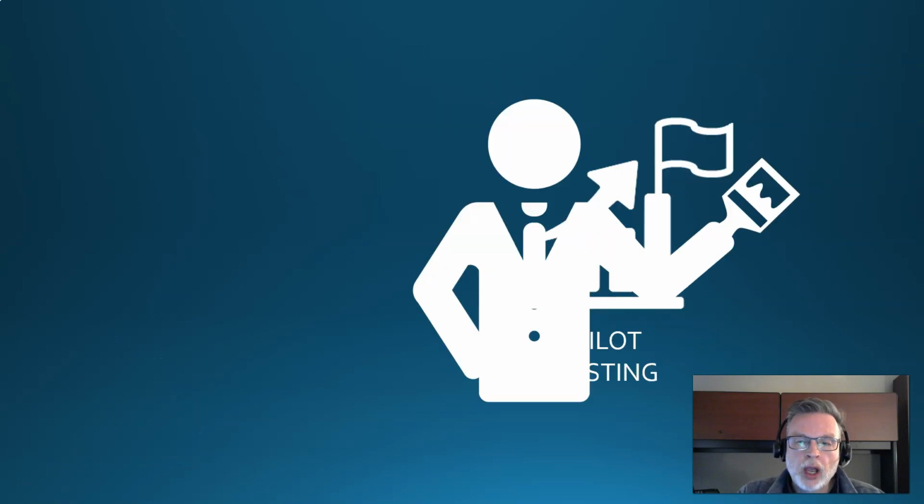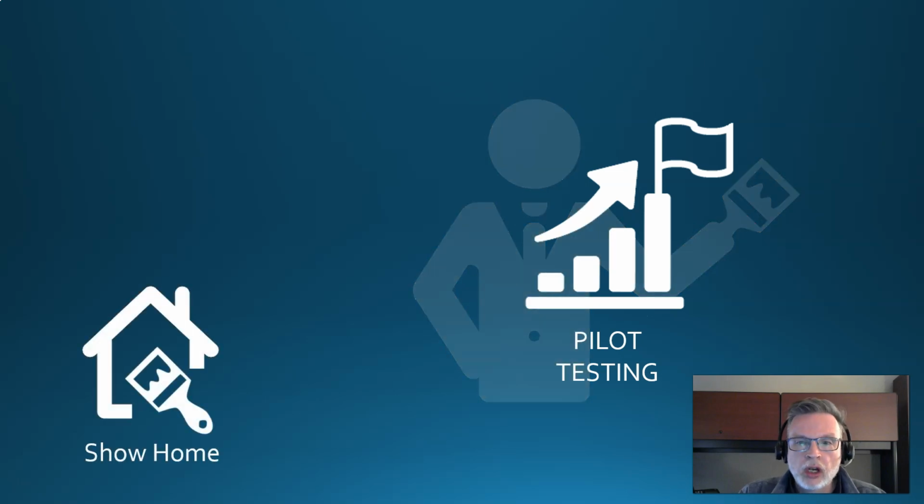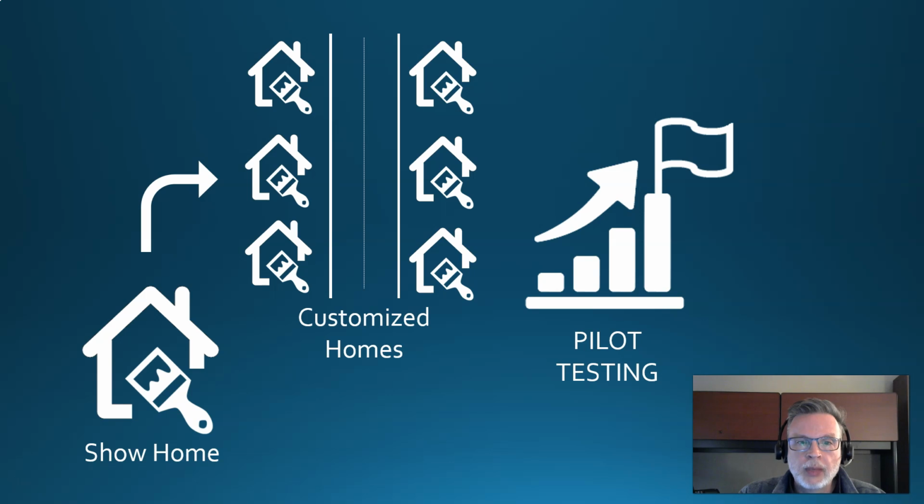Well, maybe we're actually looking at a general contractor who is building an entire neighborhood and they're trying to sell houses to clients. Well, in that case, what they'll have to do is show you what they call a show home. And in that show home, they're going to show you the general look and feel of what your house looks like.